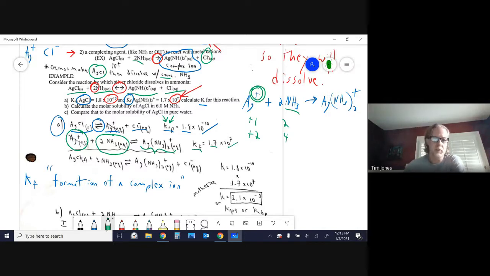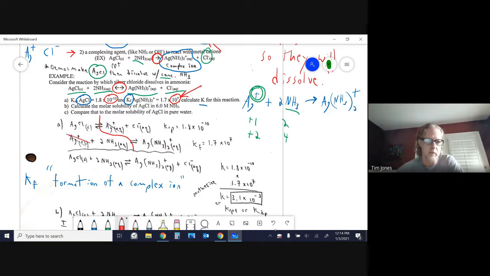If I add these two equations together, and let me tidy up my screen here a little bit, get some of this stuff out of the way. There we go. If you add these together, I always like to put a line between my overall reactants and my overall products. You'll see that the Ag plus cancels. Everything else is unique.